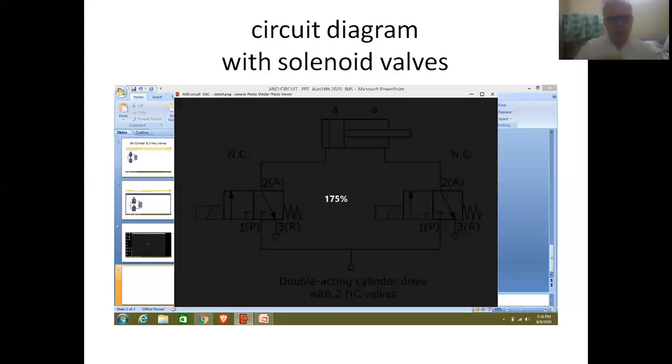If the fluid is entering from the first port of the cylinder, it will be leaving from the second port of the cylinder, that is used for moving the piston in forward direction. Secondly, if the fluid is entering from the second port of the cylinder, it will be leaving from the first port of the cylinder, and this is used for moving the piston in reverse direction.